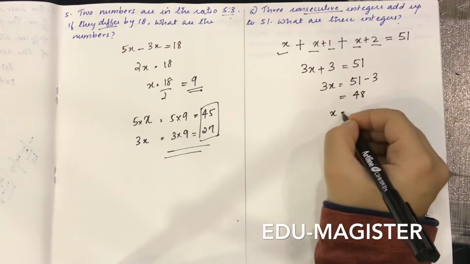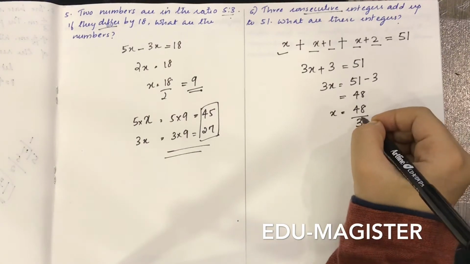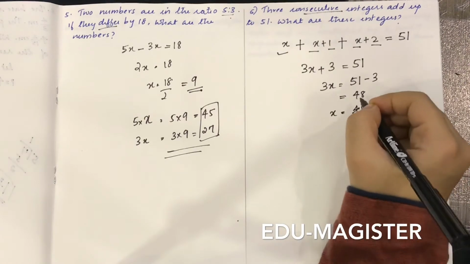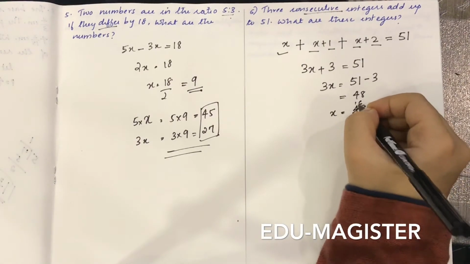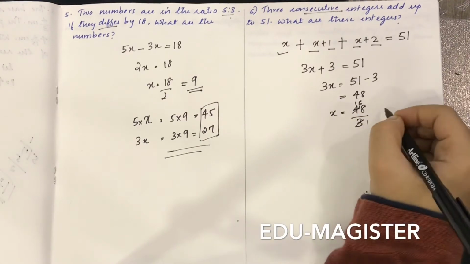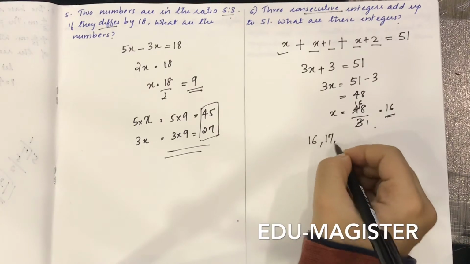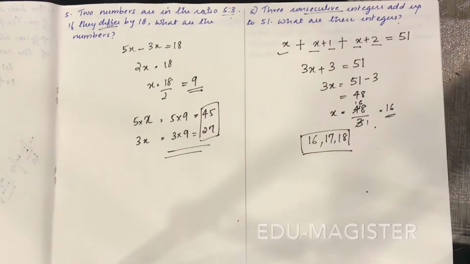So what is x? 48 by 3. Now is 48 divisible by 3? Yes. So here in 4 there is 1 3, remaining balance 1. In 18 we have 6 3's. So 16 is the answer. 16, 17 and 18 are the 3 consecutive integers that will add up to 51.